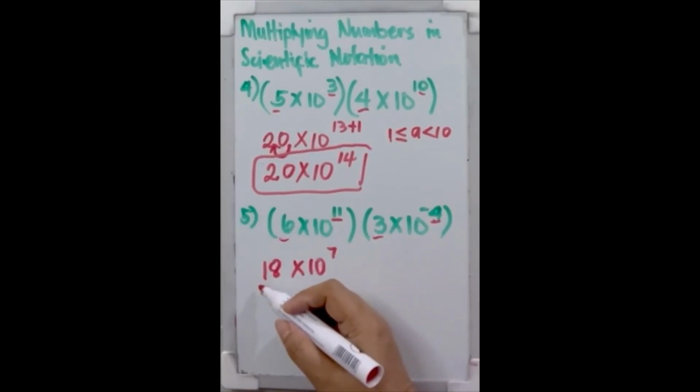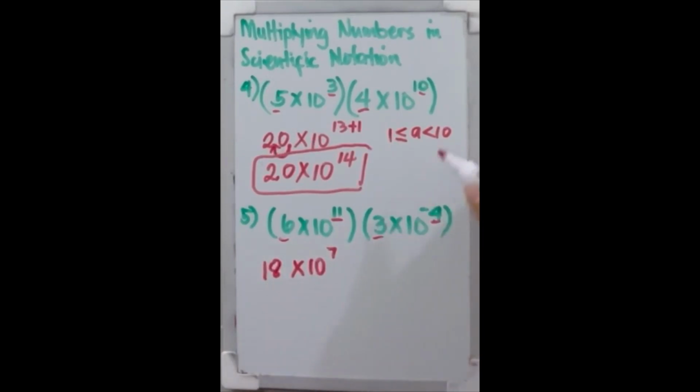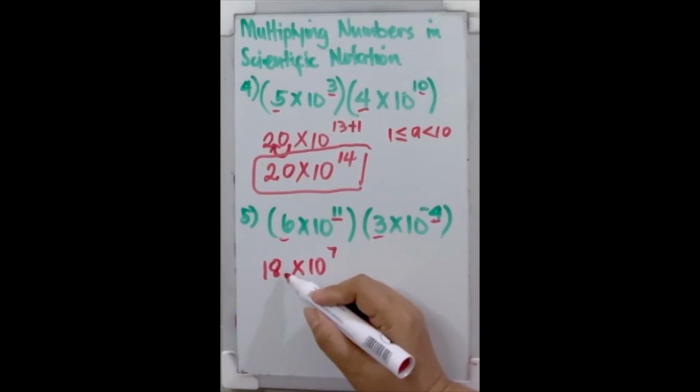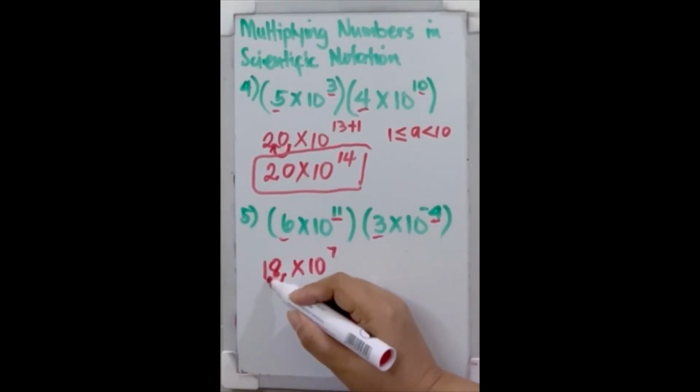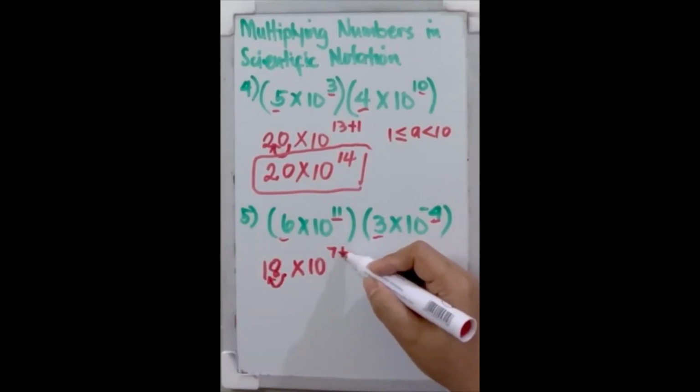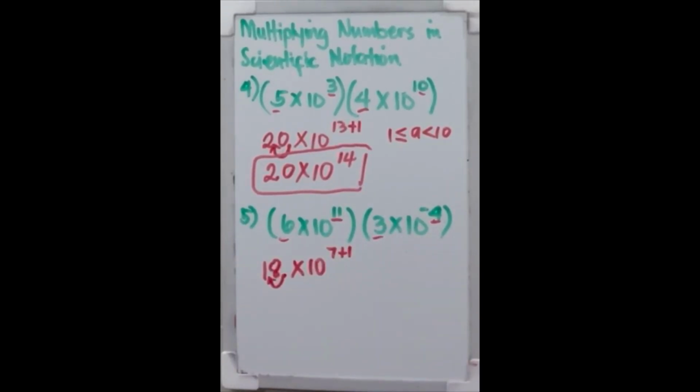Now look at the coefficient. It's 18, which is greater than 10. So we need to make a move here so that it will become less than 10. So 18 has a point somewhere here, after the last digit. So we will move this point one place to the left, and we will be adding plus 1 to the exponent.